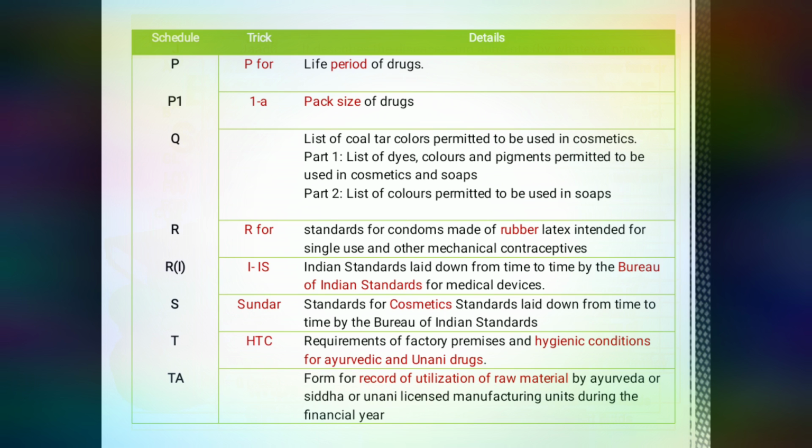Then schedule TA. TA is forms of record of utilization of raw material by Ayurveda or Siddha or Unani licensed manufacturing units during the financial year. So all that details has to be provided in schedule TA.